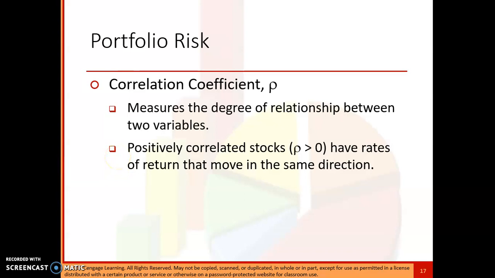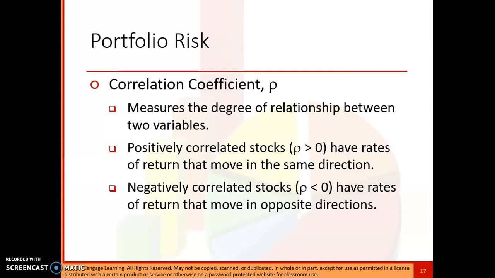If we have high positive correlation, it's hard to diversify our portfolio. Ideally, what we want is negatively correlated stocks, so the correlation coefficient less than zero. We have rates that move in opposite directions. This allows us to diversify away our firm-specific risk.